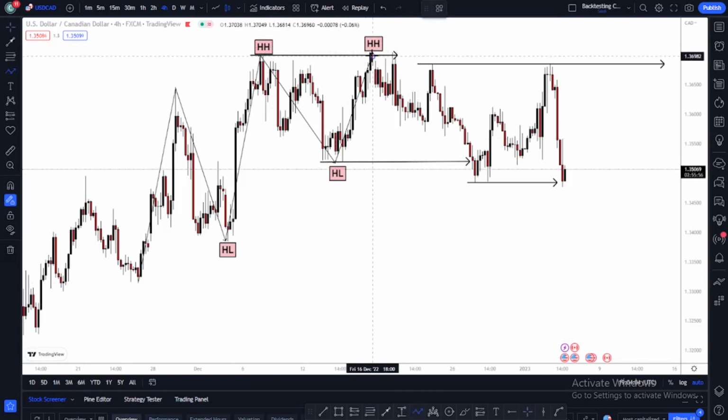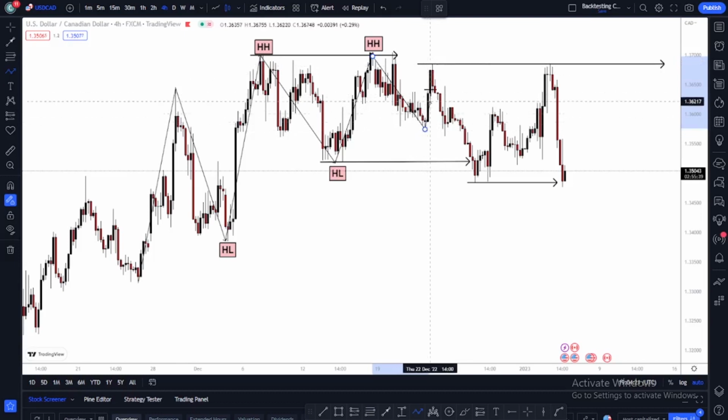After price created a higher high, what did it do? It came back down and created a lower high. Why is this a lower high? Because this lower high is lower than our higher high.